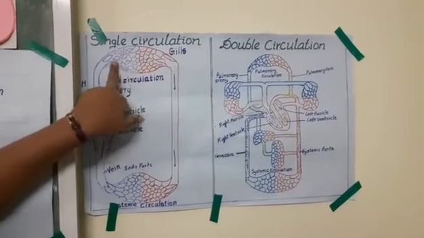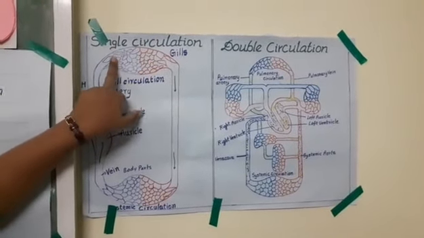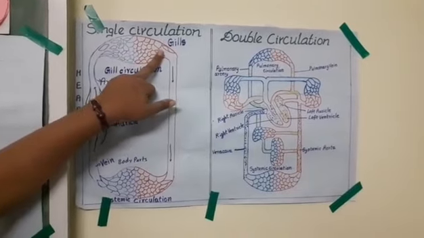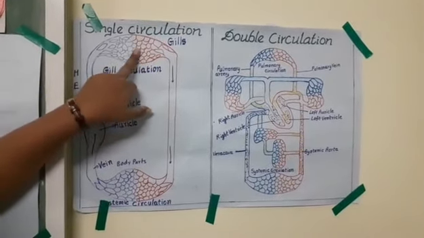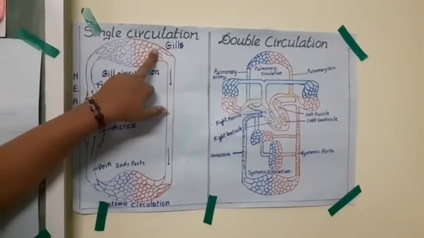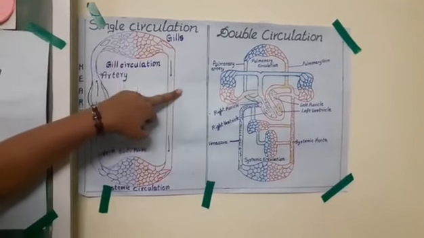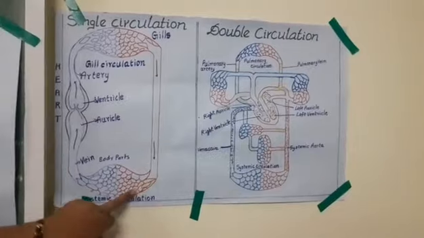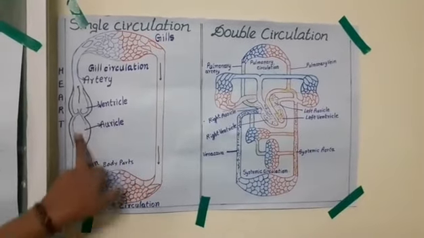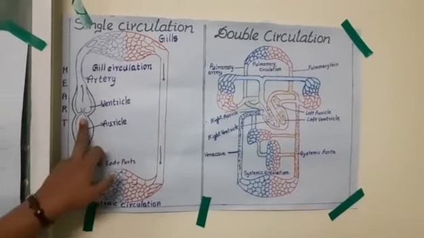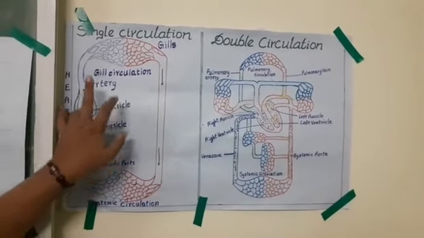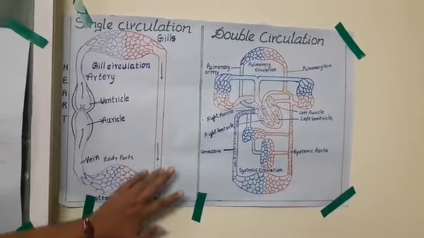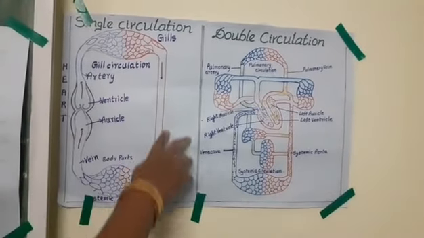As the gills are richly supplied with blood, when the water flows over the gills, the exchange of gases occurs and the blood gets purified. That purified blood from the gills is sent to the body parts through blood vessels. So it is clear that the heart pumps the blood only once, from the heart to the gills, and from the gills the blood goes directly to the body parts.